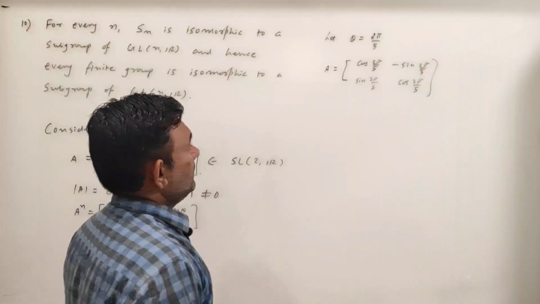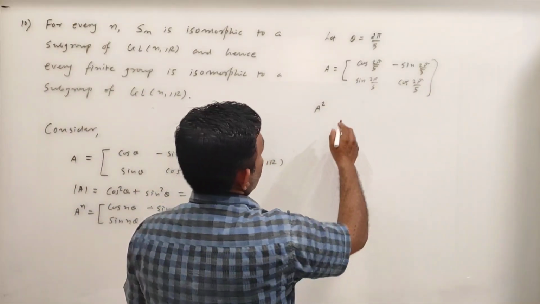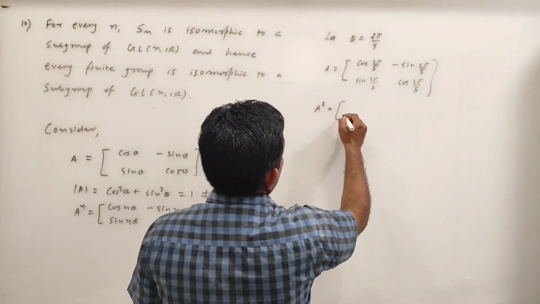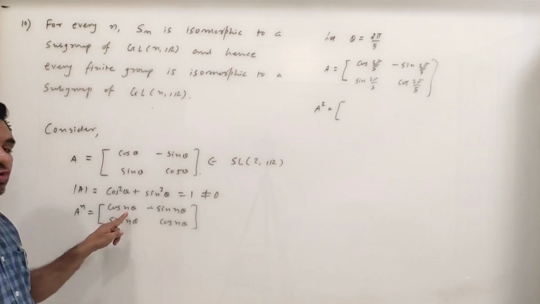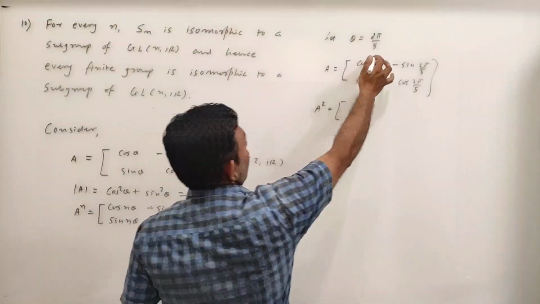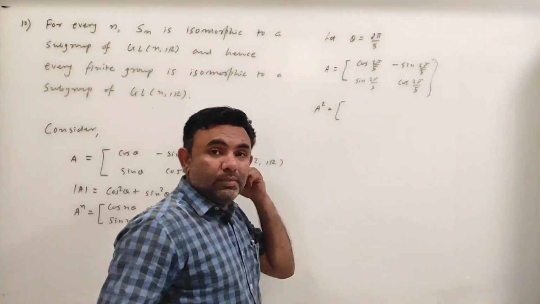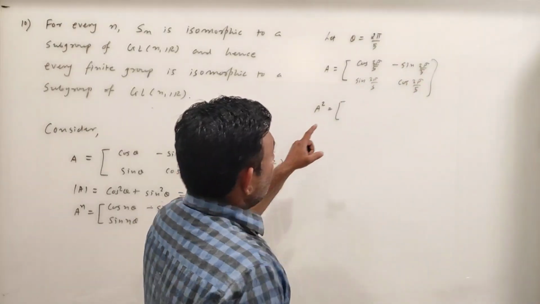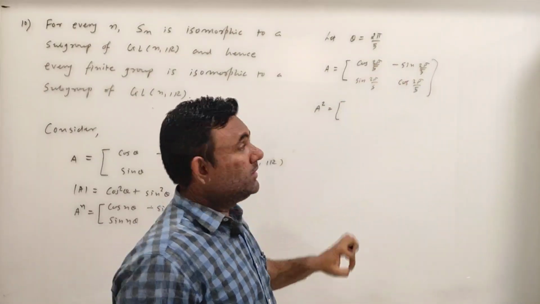But what happens if you consider A square? Then it is 2 theta, that is 2 into 2 pi by 5, that is 4 pi by 5. Then A cube will be 3 into 2 pi by 5, that is 6 pi by 5.